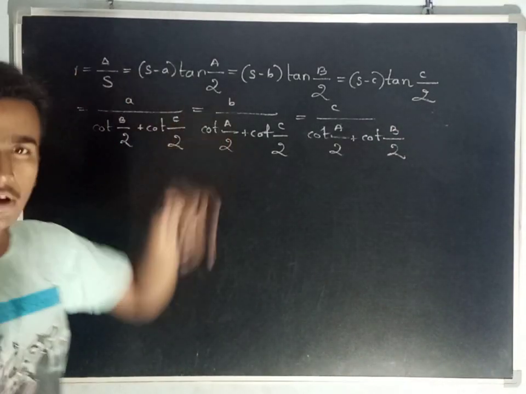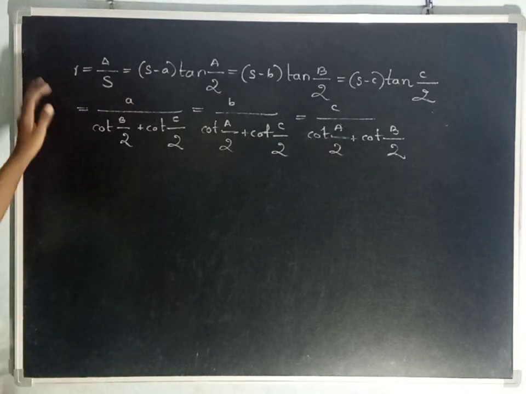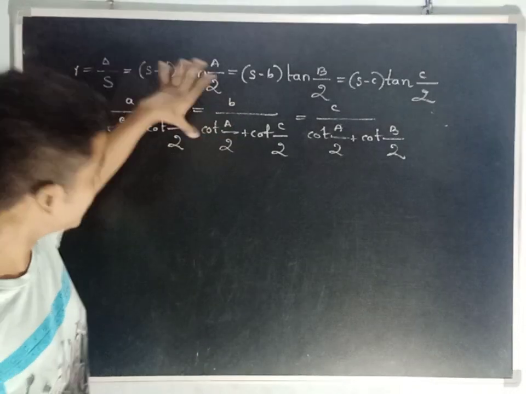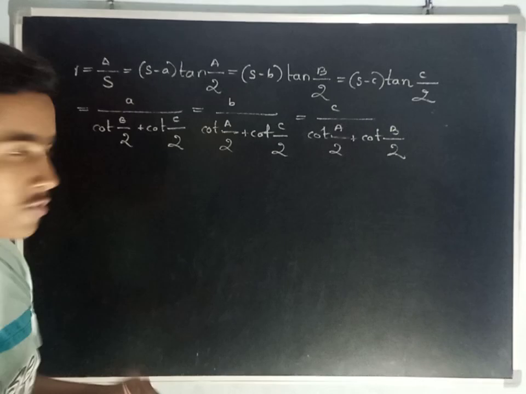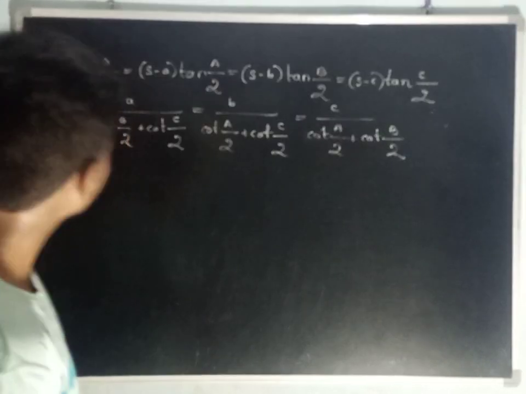These are the different forms of the radius of the incircle. We already discussed these concepts, including their derivations. If you want clarity regarding this, you can check my previous videos.